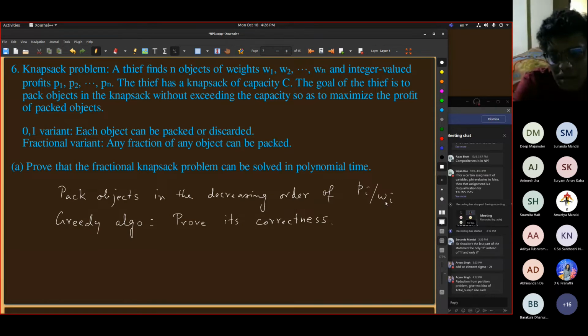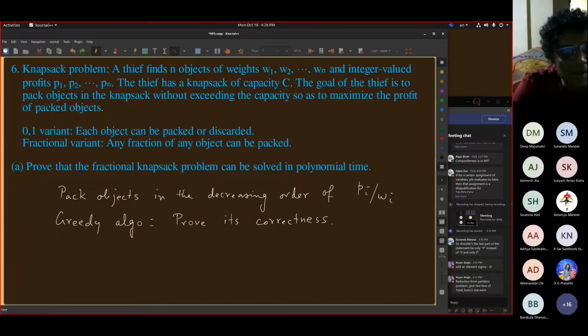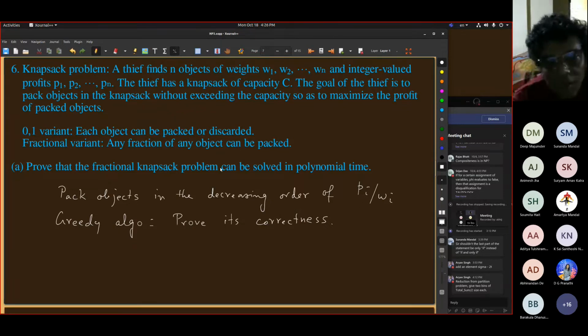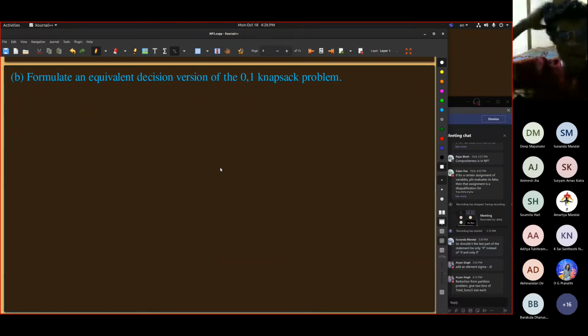Per unit weight, whichever gives you the maximum profit, you first pack those things. Convinced? I hope so. So now let us look at this equivalent decision problem for the 0-1 version of knapsack.